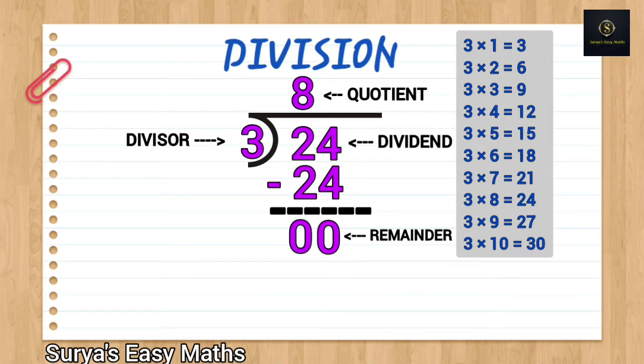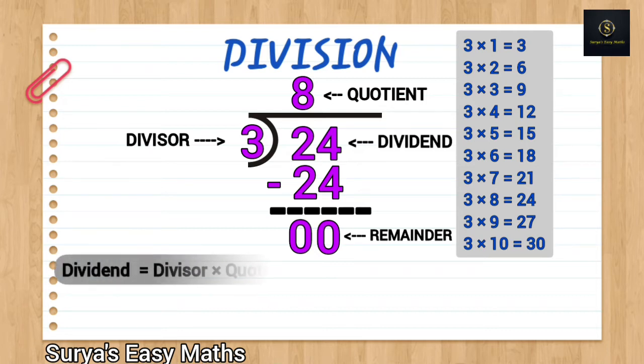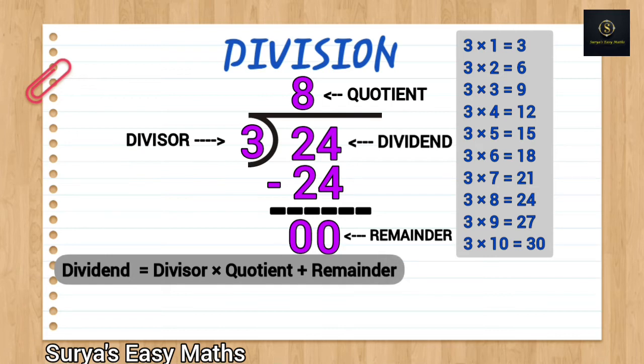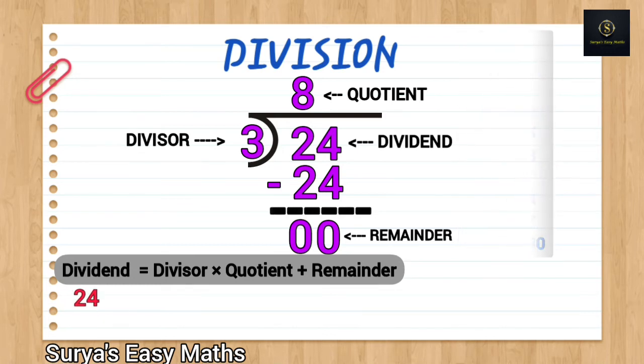Dear children, we can also check our calculation with the formula I told you before. So let us apply the formula. You have to also write this in your notebook. Dividend equals divisor into quotient plus remainder. What is the dividend? Yes, it is 24. So we write here 24.